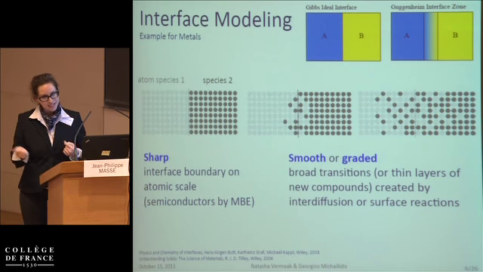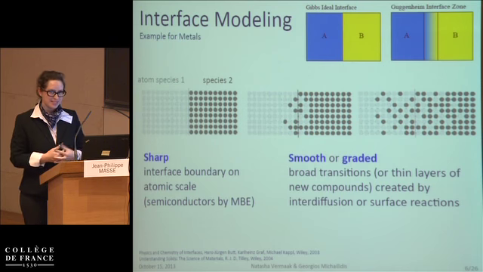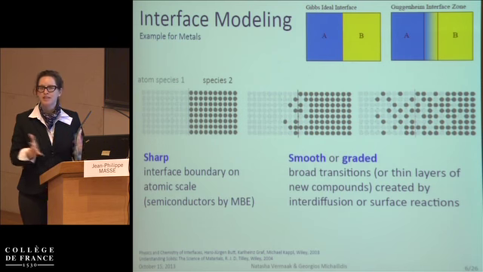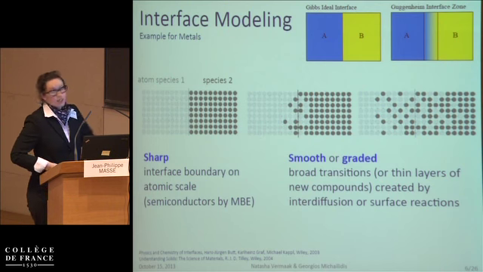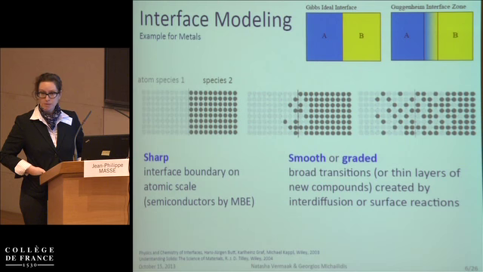But in reality, or in many cases, we have graded or smooth boundaries. And we can control those. We can control them through interdiffusion. We can control them by surface reactions. We can control them now specifically with additive manufacturing. It's an exciting time to look at interfaces.